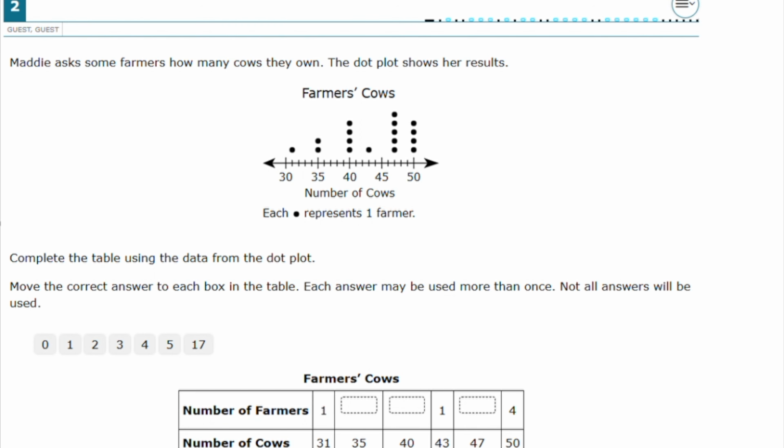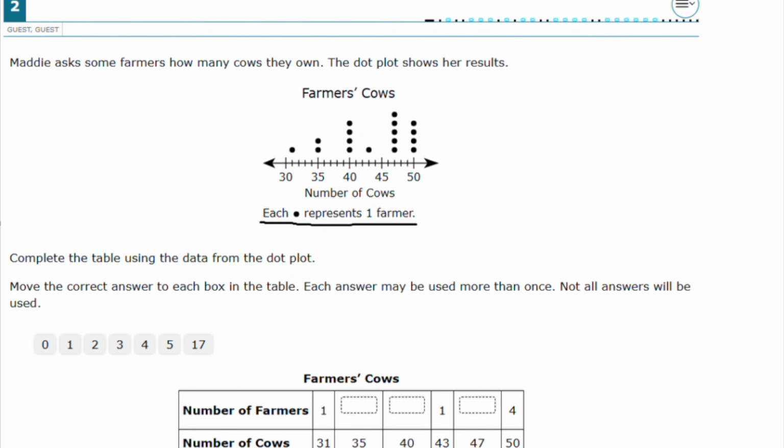So we have a dot plot. And remember, each dot represents one farmer, all right? So let's start at 30. The numbers we see down here represent the number of cows. So does anyone own 30 cows? Well, no, because there's no dot over 30. If we move over by 1 increment, we see that there's one farmer that owns 31 cows.